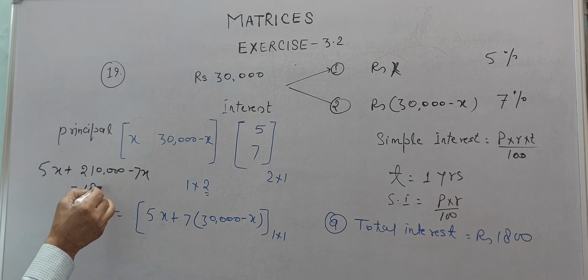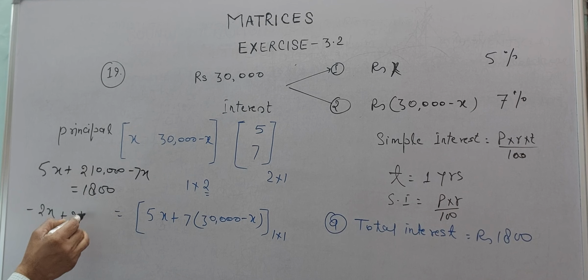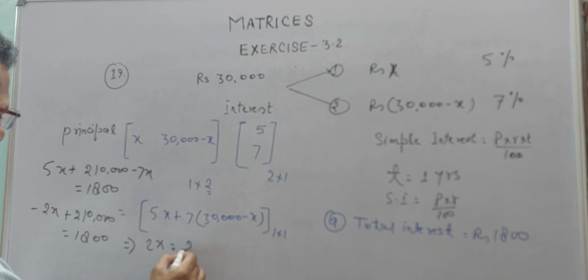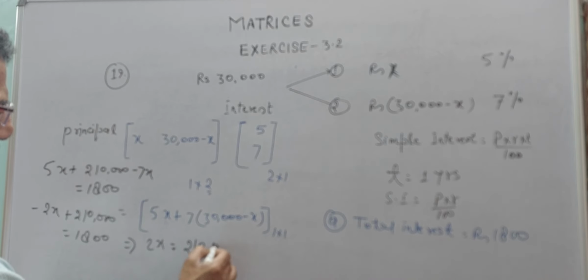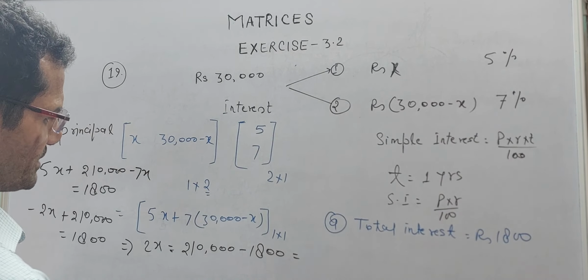So now 5x plus 7 into 30,000 minus x; 7 into 3 is 21, so 210,000 minus 7x is equal to 1800. After simplifying, 5x minus 7x will be minus 2x, and here plus 210,000 is equal to 1800. Now 2x goes to the right hand side, and 1800 to the left hand side. This value becomes 210,000 minus 1800.